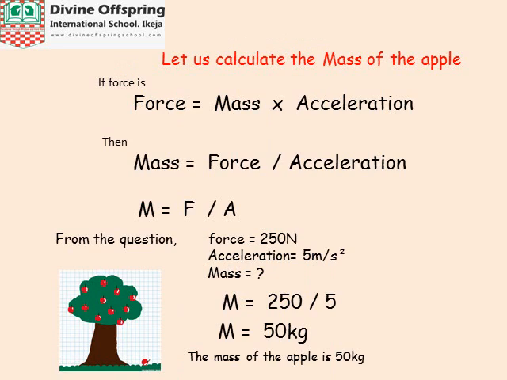Remember that to calculate force, we said force equals mass times acceleration. But now that we want to calculate mass, we'll change the subject of the formula, isn't it? So mass equals force divided by acceleration. M equals F over A.